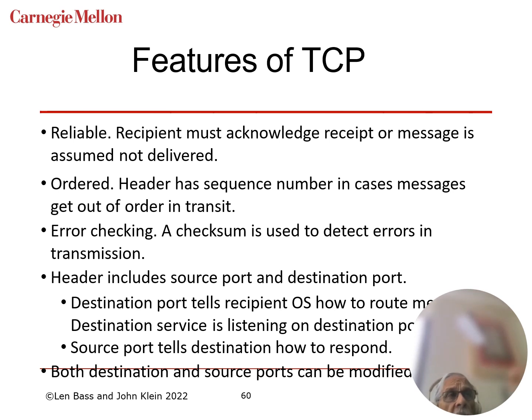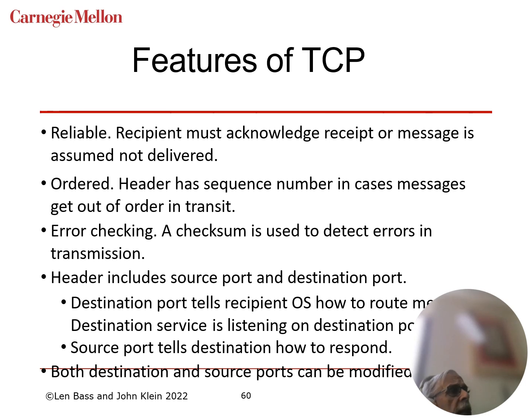So the sender of an IP message doesn't get an acknowledgement. It may get a response, it may not, but it has to decide whether to retry it. Whereas TCP is explicitly an acknowledged response.